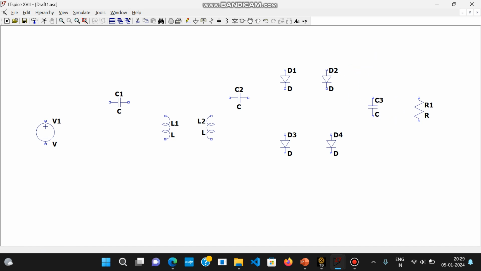Okay, now these are all the components which are needed to make a WPT system. Now in order to connect them, use this option which will allow us to connect the components using wire.